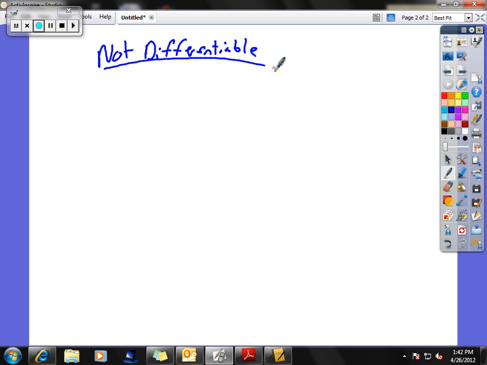Let's talk about the continuity thing first, because for something to be differentiable, it has to be continuous. So if something is not continuous, it's not differentiable. Where's a function not continuous? A jump. Any kind of jump. Since it's not continuous there, it cannot be differentiable there.